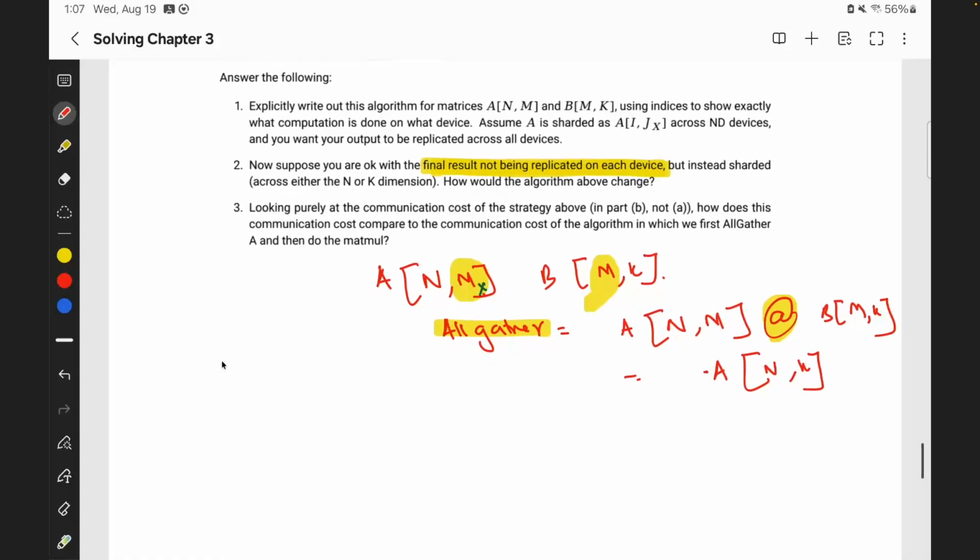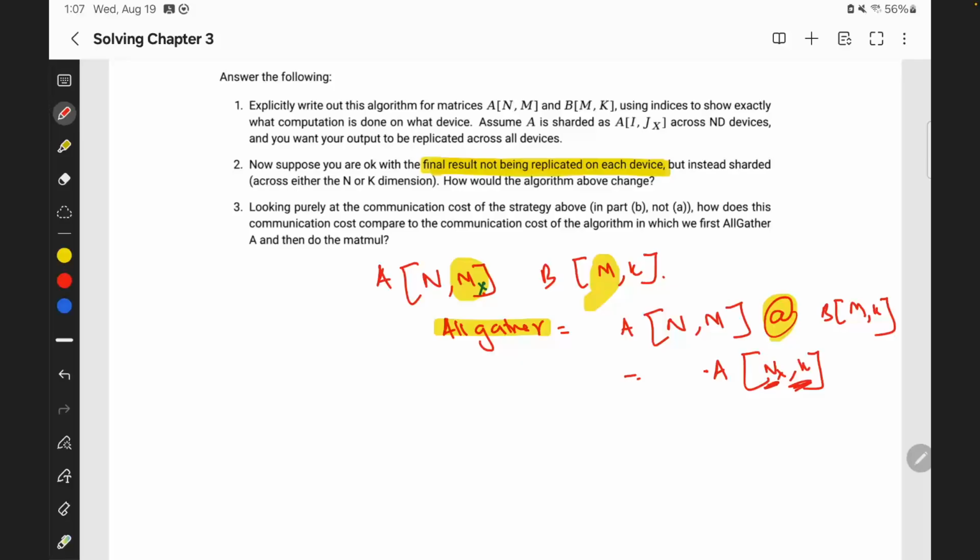By that I mean you don't care about having n and k fully materialized on all the TPUs, so you can have it nx or kx.